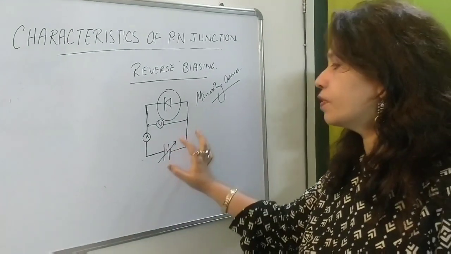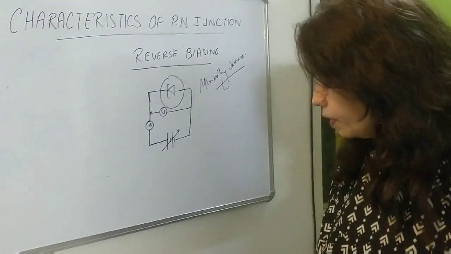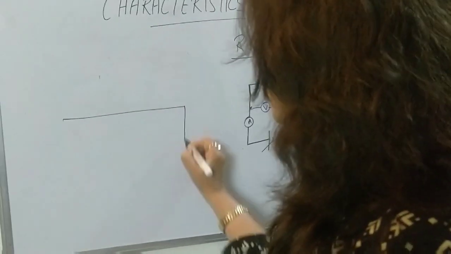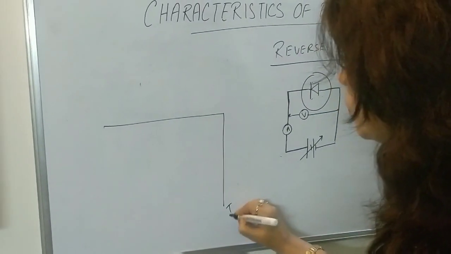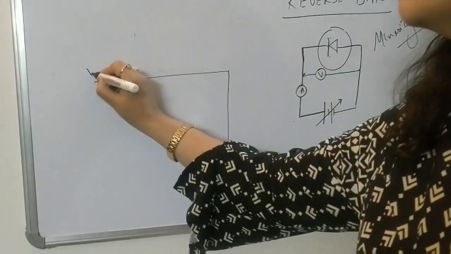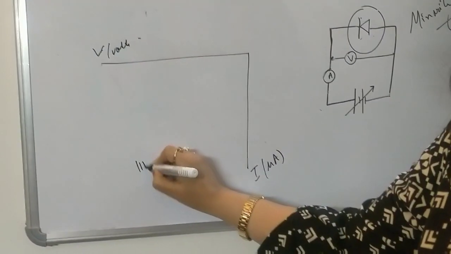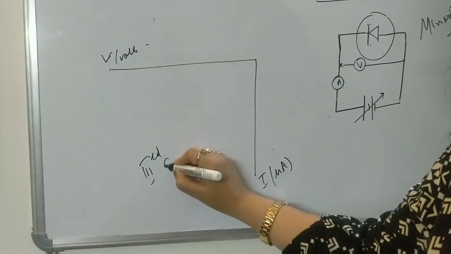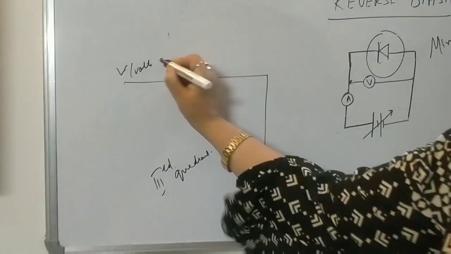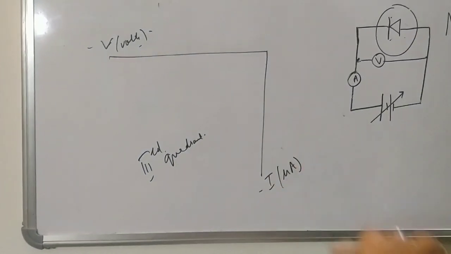Now as we increase the voltage over here, what happens? Let us see through a graph. Here the current is in microampere, V in volts. We have drawn this in the third quadrant. This is also in minus, this is also in negative.